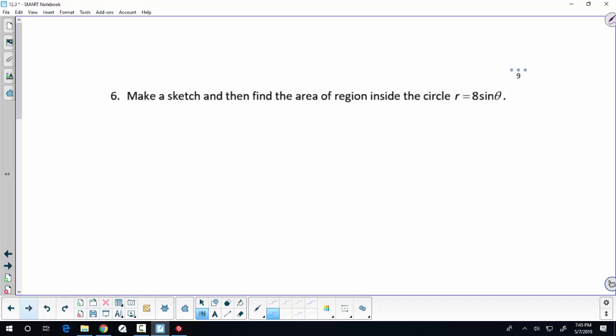Okay, make a sketch and then find the area of the region inside the circle r equals 8 sine theta. r equals 8 sine theta has a center and a radius of what? With sine, the y is getting shifted.